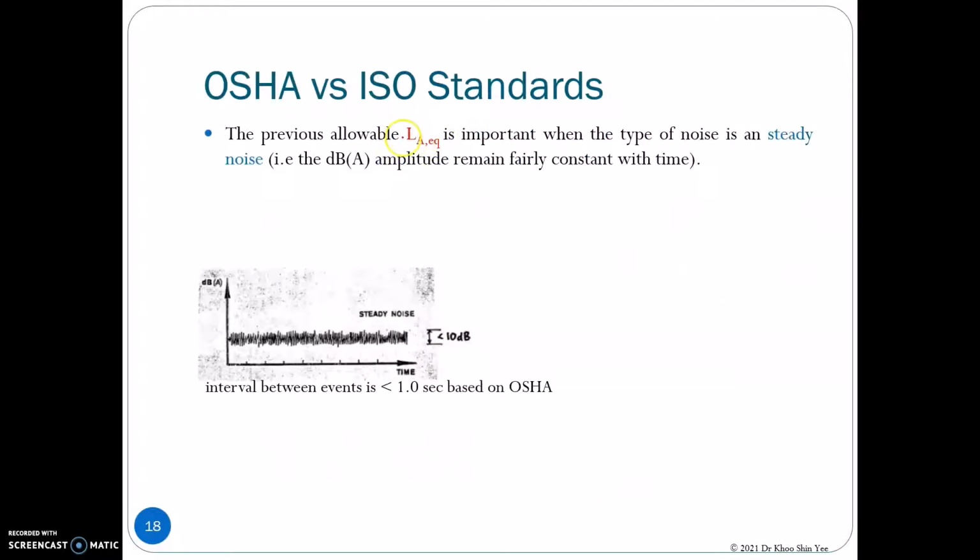The previous allowable LAEQ is important when the type of noise is a steady noise, as you see in this picture, where the dBA amplitude remains fairly constant with respect to time.